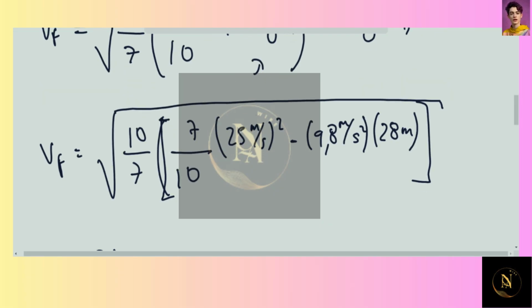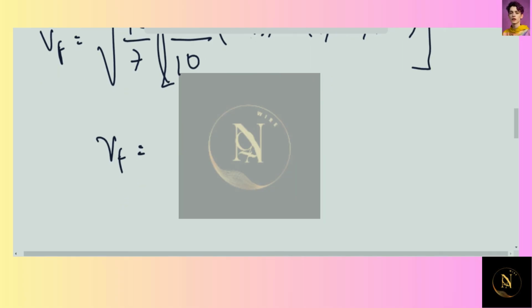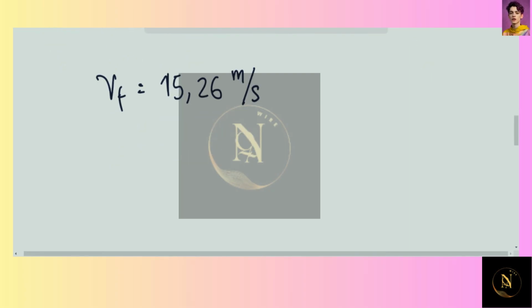Something like this. And plotting all this into the calculator, we obtain 15.26 meters per second. Now with this value, we can determine how far from the cliff the ball lands.